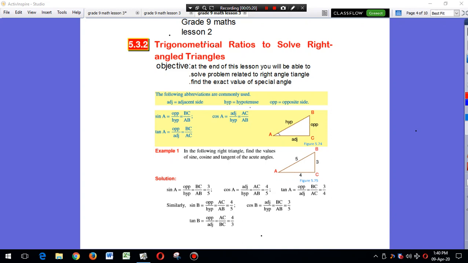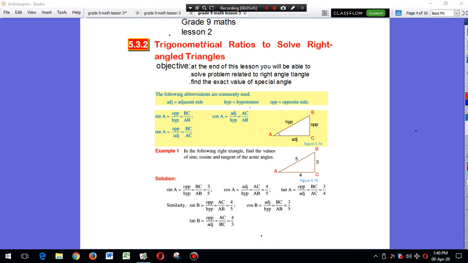And cos A is equal to the adjacent side of angle A divided by the hypotenuse. The adjacent side of angle A is 4 units, and the hypotenuse is 5. So cos A is equal to 4 over 5.